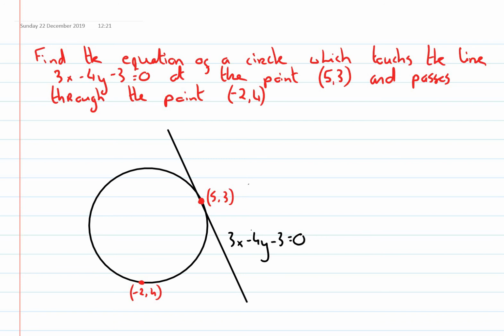Like the last question, if I can find the equation of the line perpendicular to this tangent, and then the equation of the line perpendicular to the chord that bisects the chord, and I find where these two lines cross, there's the centre of the circle.